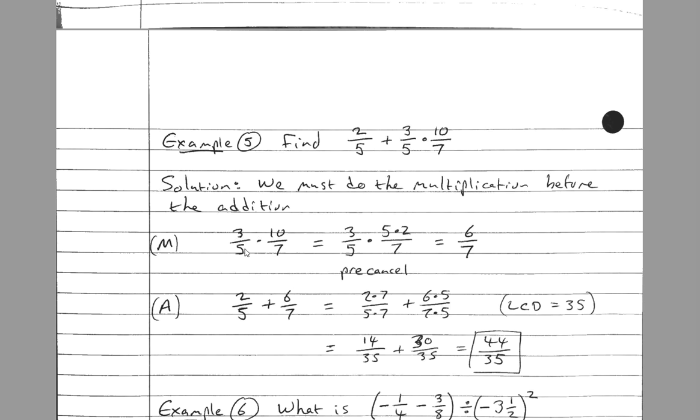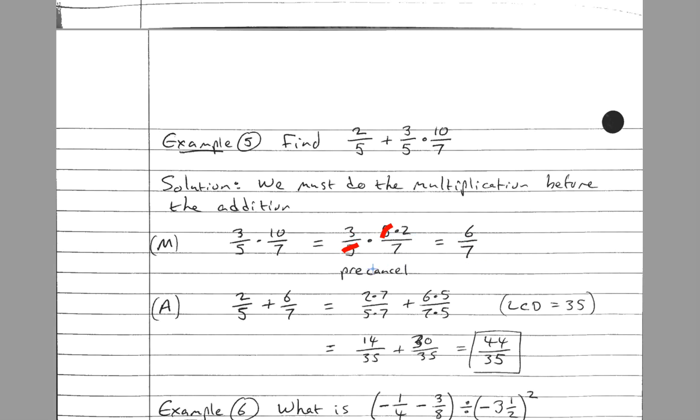Multiply straight across, you get 30 over 35, but better to pre-cancel. So we can see 10 is 5 times 2, so these 5s are going to cancel. And we're just left with 3 times 2 on top and 7 on the bottom.